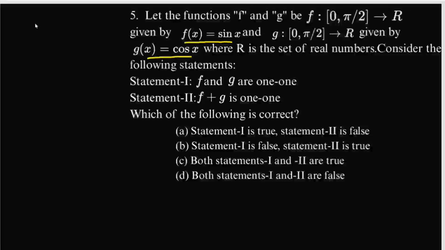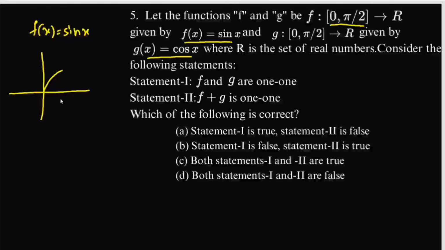Correct? So f of x is equal to sin x. To draw the graph of f of x equal to sin x, this is my axis. Correct? I am noting the domain. So what is the domain? Closed interval 0 to pi by 2. In this interval, how will the sin x graph be? Sin 0 is 0, sin 90 is 1.